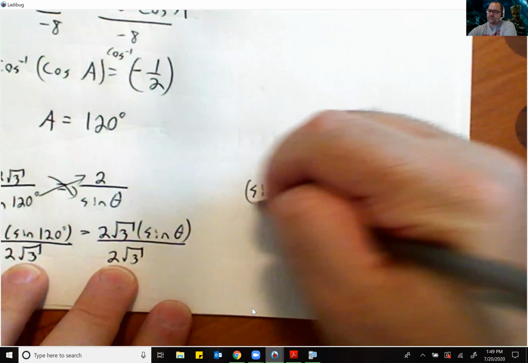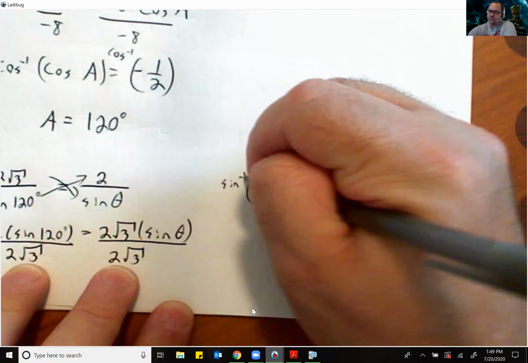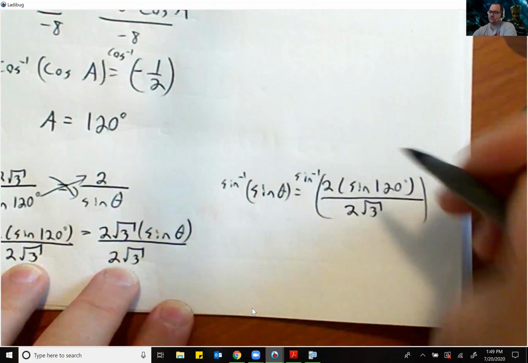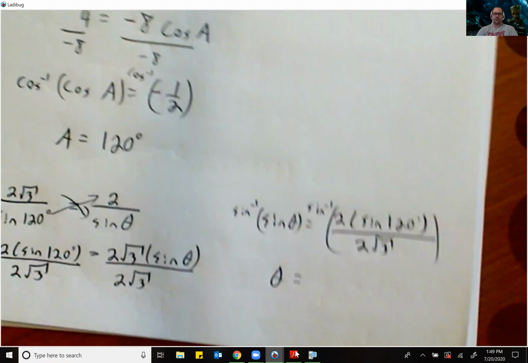Take the inverse, and we have now finished the problem, because now you will know what theta is. Theta is equal to, let's go to our calculator, let's have it work this out.